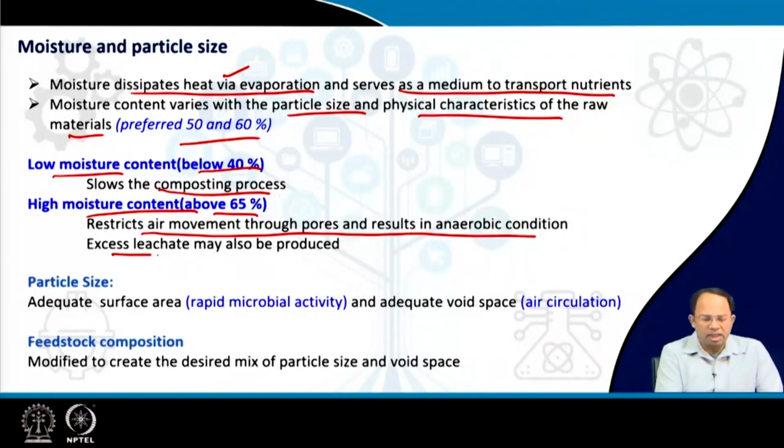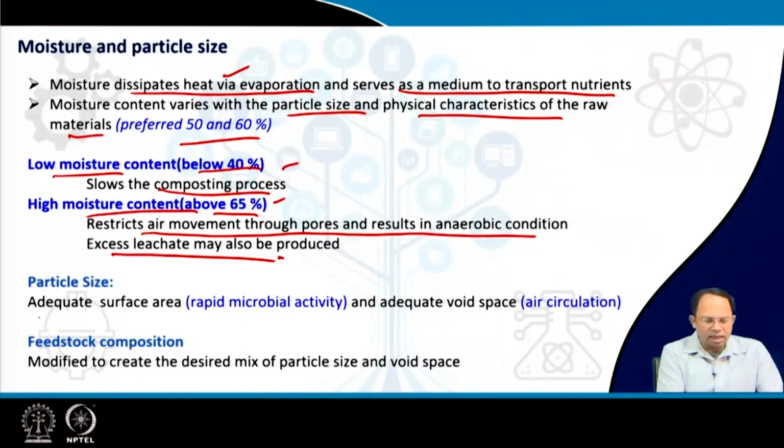And also it will result in excess leachate, which also needs to be managed. That means whatever leachate is produced, we cannot allow it to mix with the normal drainage system. So this has to be first treated and then let out into the drainage network. So that's why more moisture is a problem, and less moisture is also a problem.